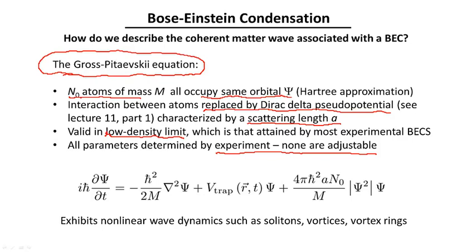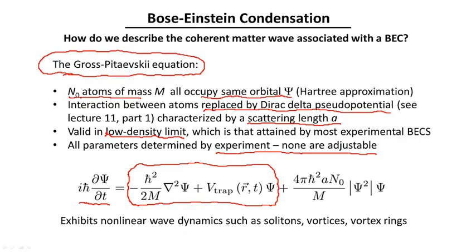So the time evolution of the wave function is given by a variation on the Schrödinger equation, the first part of which you should recognize as the usual single particle Schrödinger equation that we've discussed at length in previous parts of this course.